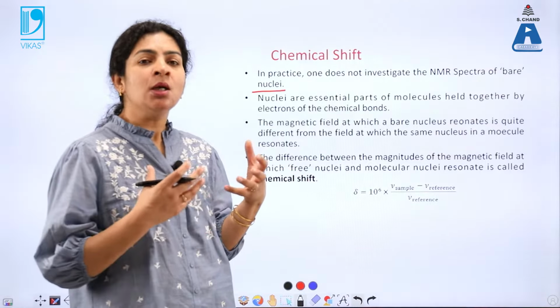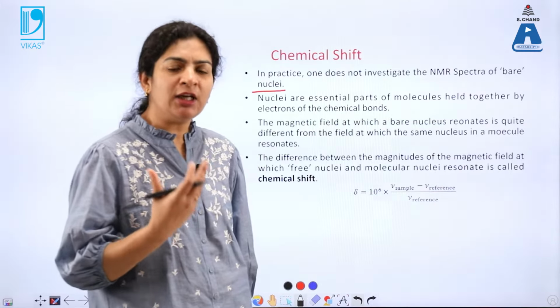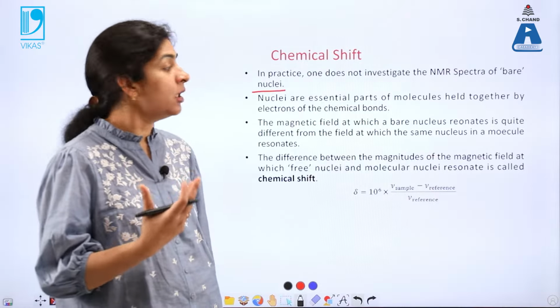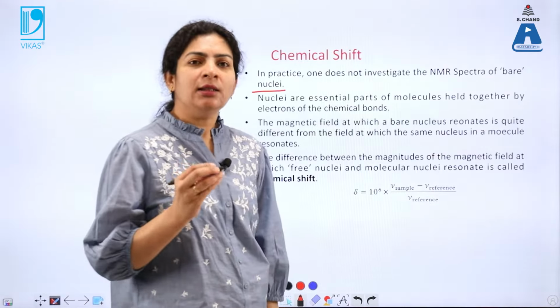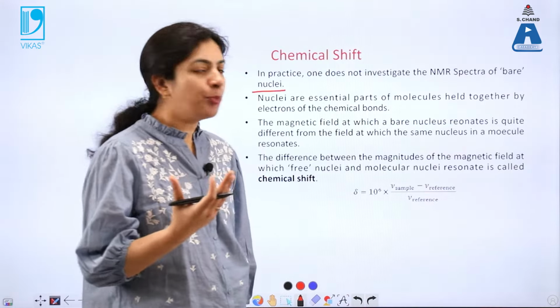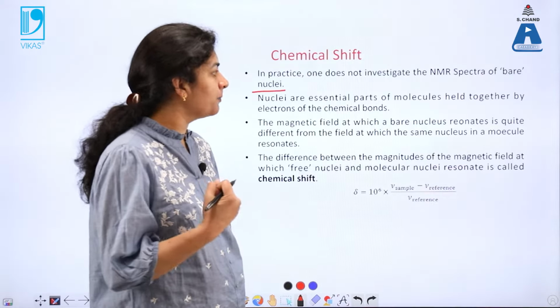By position of the signal, we mean the strength of the magnetic field at which we will observe the signal given by that proton. So let's understand how, when placed in different molecules, a proton gives signals at different magnetic field strengths.